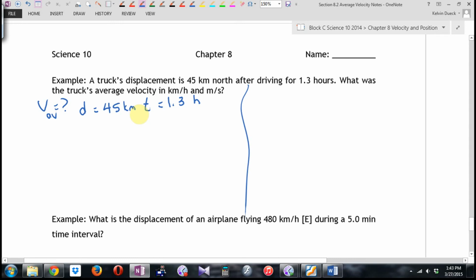So can you find me the equation that has the v by itself, kiddo? He's got to find it. Don't help him. Oh, and it has a d and a t in it as well? So it's going to be 45 divided by 1.3. This is going to be the answer in kilometers per hour.